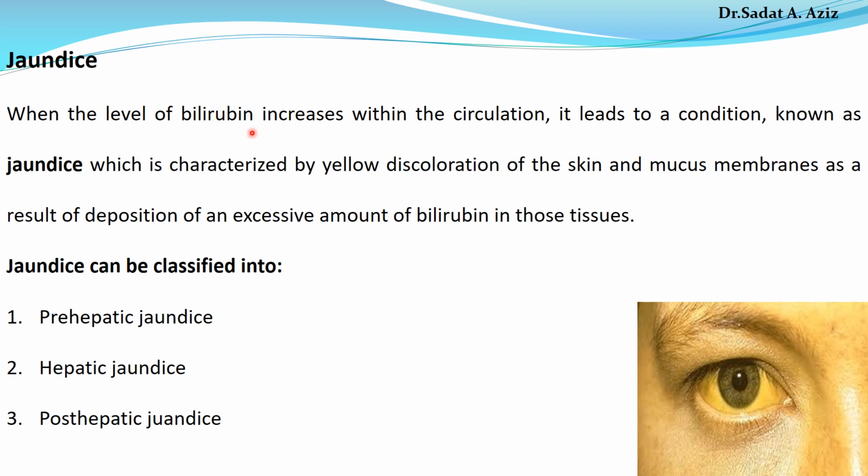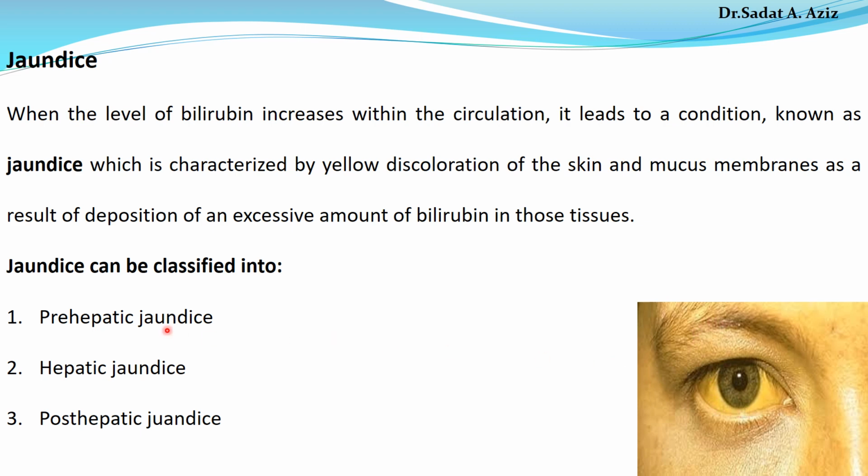So when there is an excessive amount of bilirubin within the circulatory system, it leads to development of a condition which is called jaundice, which is characterized by deposition of an excessive amount of bilirubin within the skin and mucous membranes of the body.